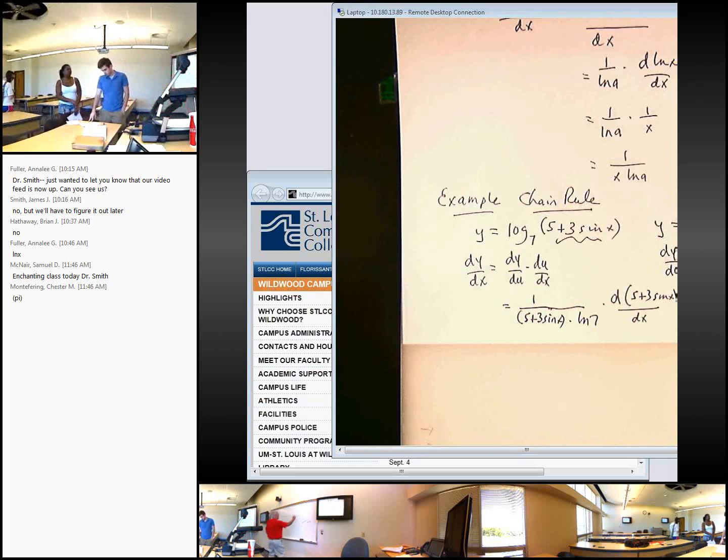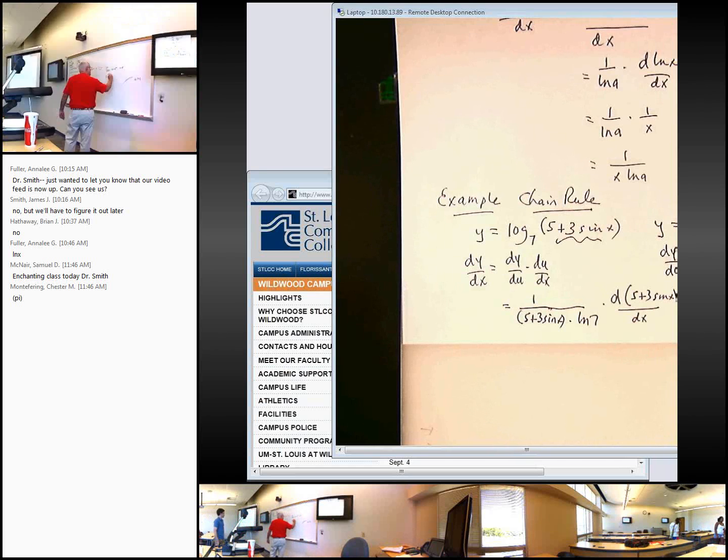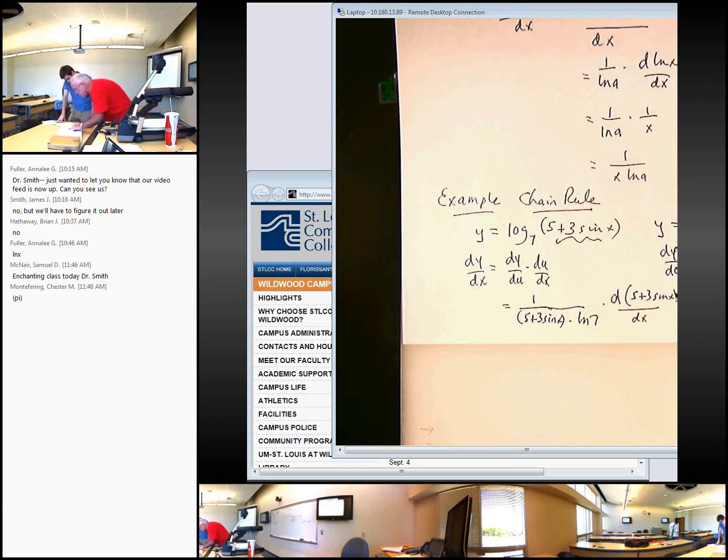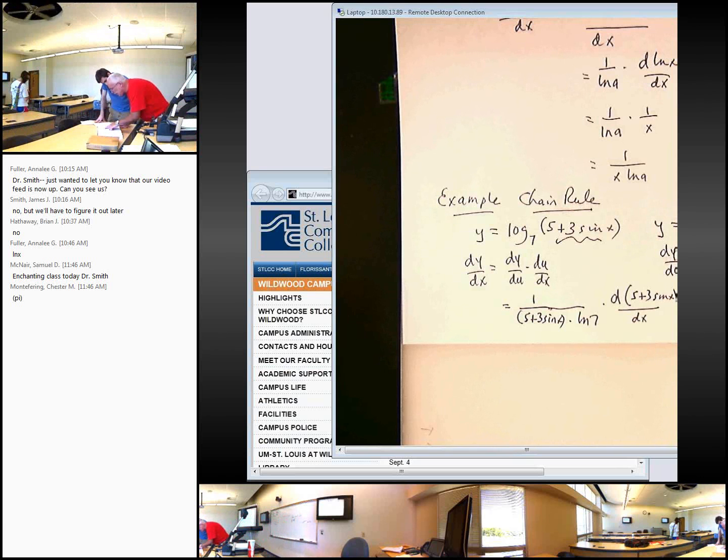I think we're asked to find the derivative of the inverse function at 8. Yeah, find the derivative of the inverse function evaluated at 8.